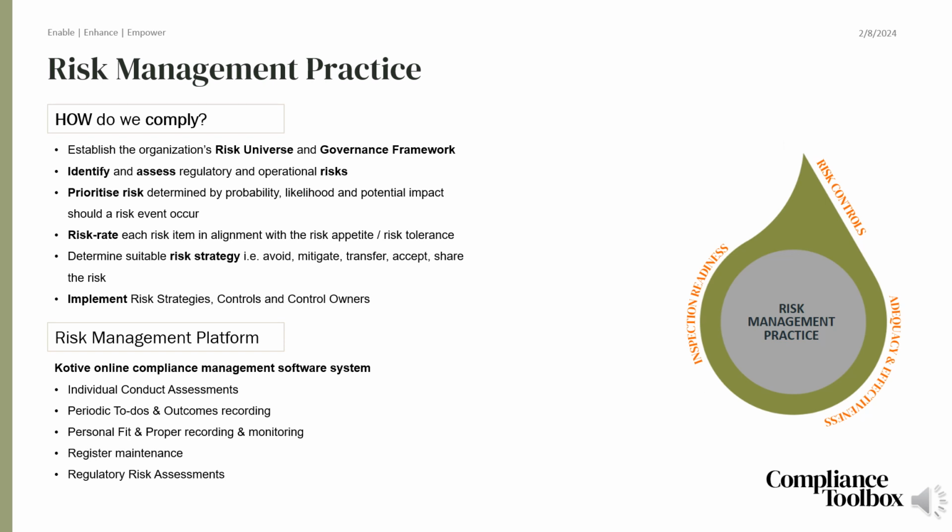Broadly speaking, an organization must identify, assess, prioritize, and rate the risks to which it is exposed in order to determine a suitable risk strategy. The CTB compliance management software is considered to be a center for the FSB's risk management plan items, facilitated by a range of system functionalities.